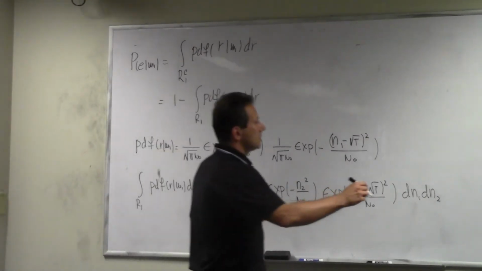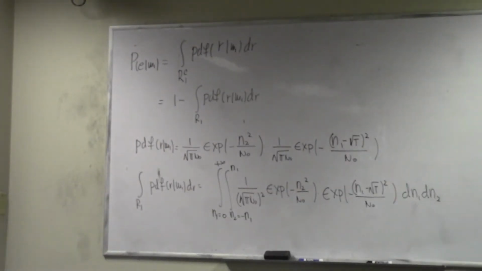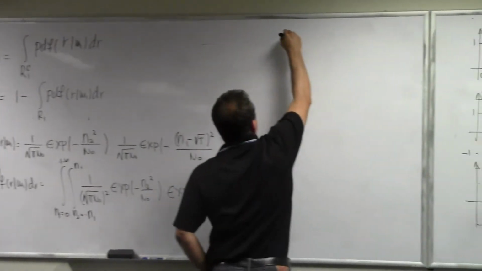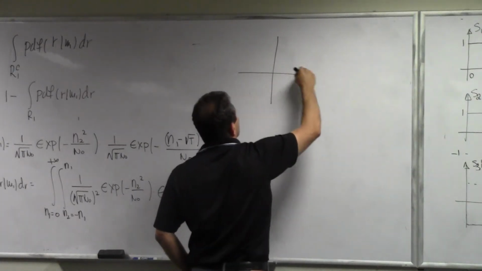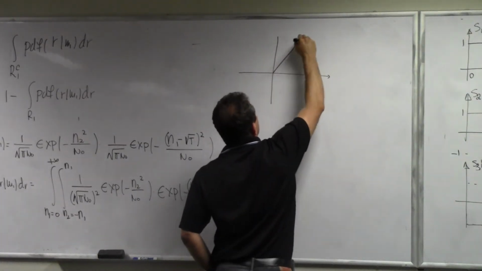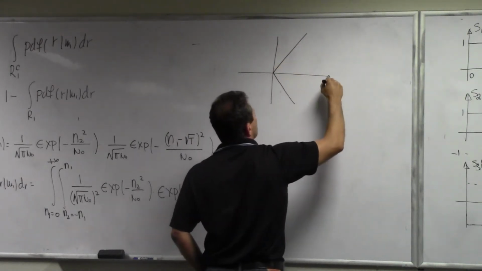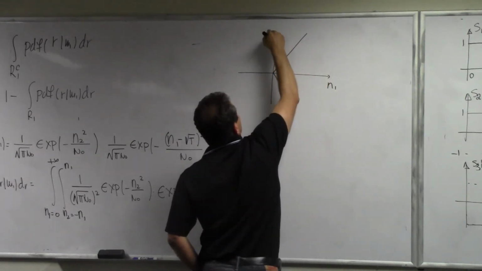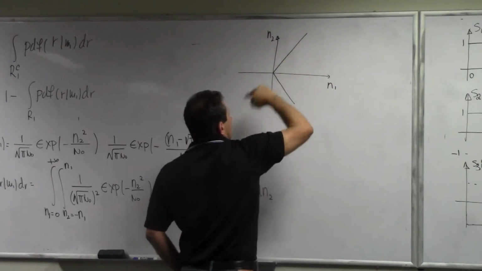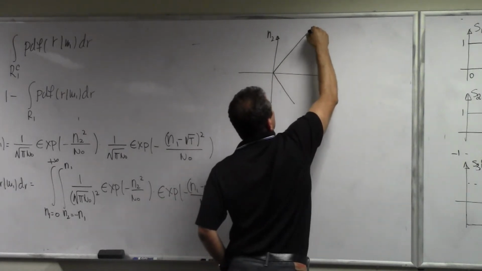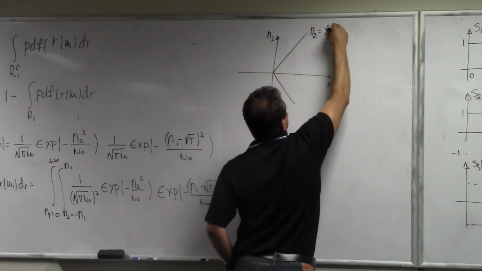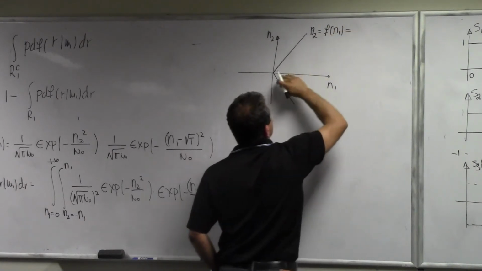Yeah. Let me just draw another picture here. I have these two lines. Let's call the axes n1, n2. What is this one line? n2 is a function of n1. What is that function?